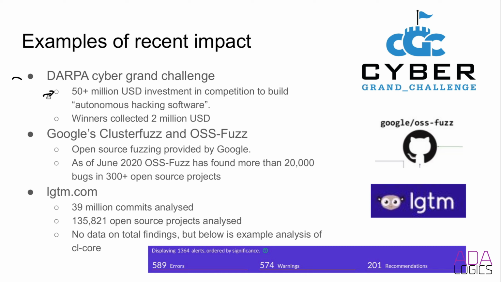Various players from both academia and industry participated, and the winner would go off with a prize of $2 million US. And actually one of the companies that I showed in the previous slide, All Secure, was the winner of this competition.